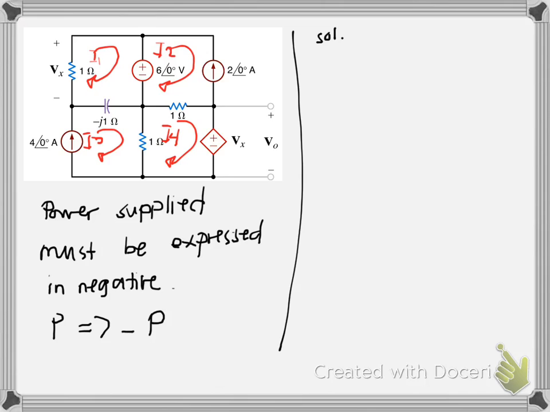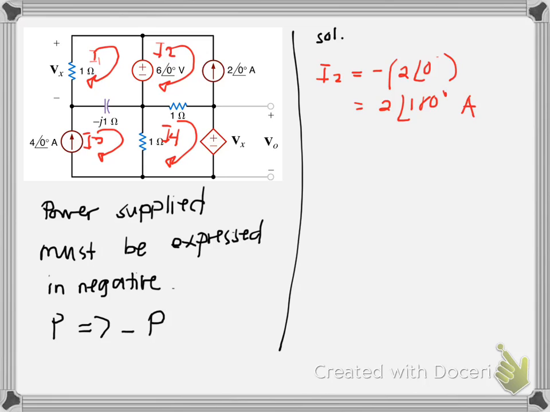And by inspection, we have here I2 is equal to negative 2 angle 0, or it is 2 angle 180 amperes.